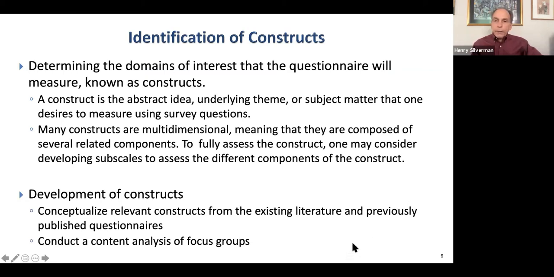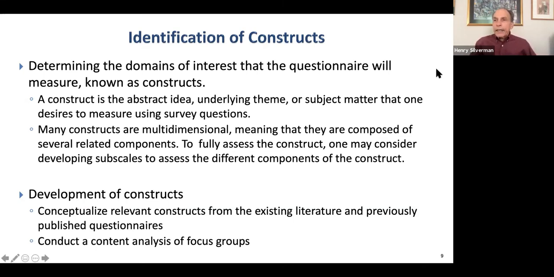So now, how do you identify the constructs? There are two ways. So this really gets at the heart of the matter. How do you start writing these questions? What gives you the background to know what type of questions you want to ask?